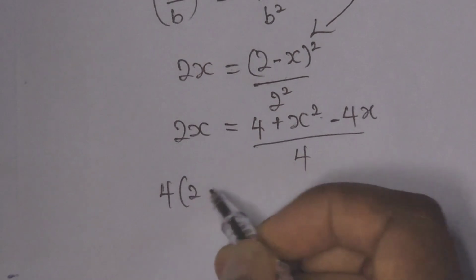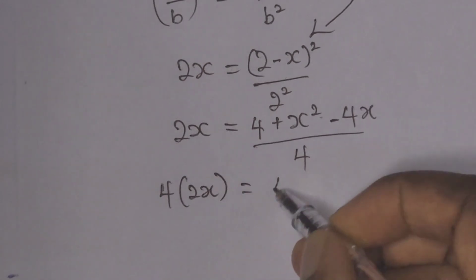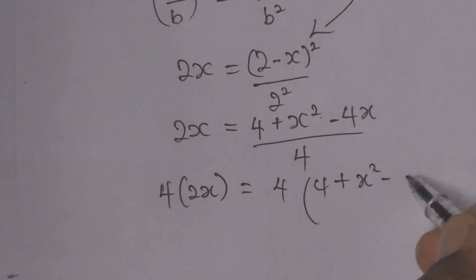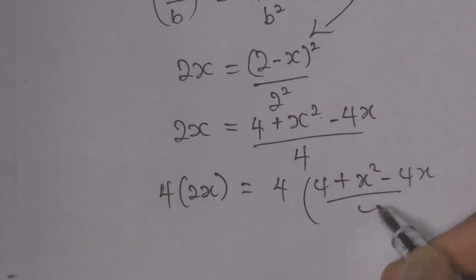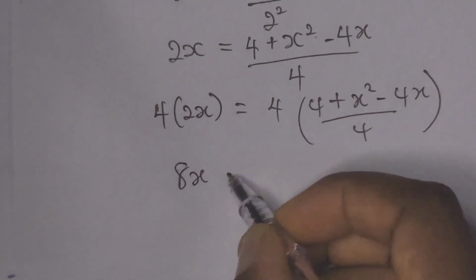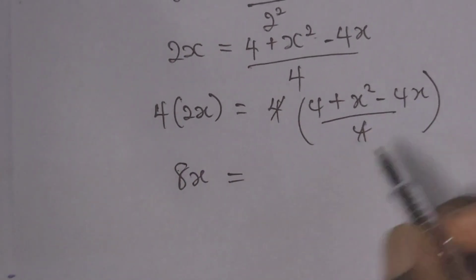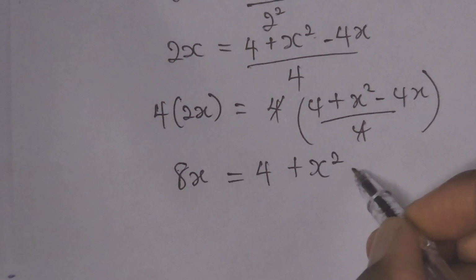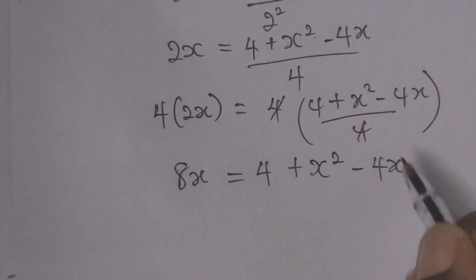We have 4 times 2x all equal to 4 times (4 plus x squared minus 4x) all over 4. So this becomes 8x equal to, this will cancel this, we have 4 plus x squared minus 4x.